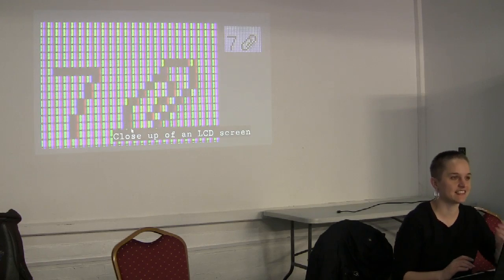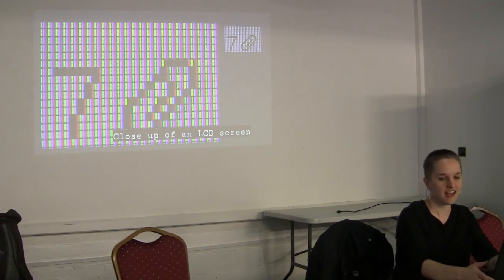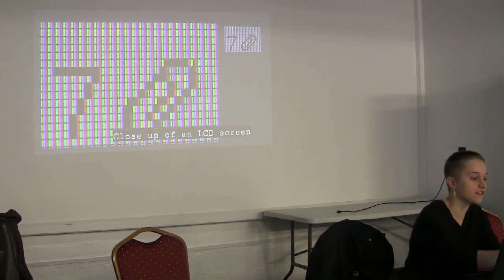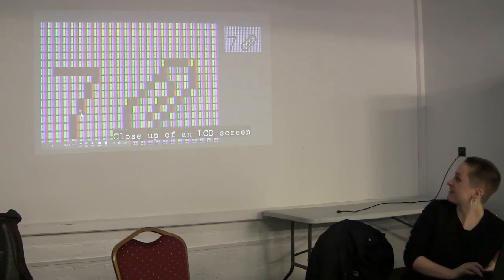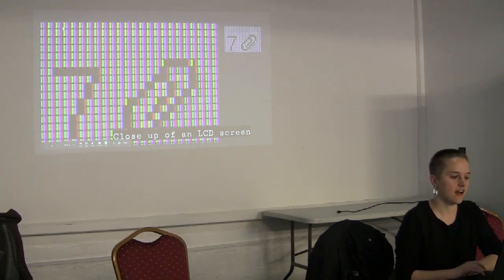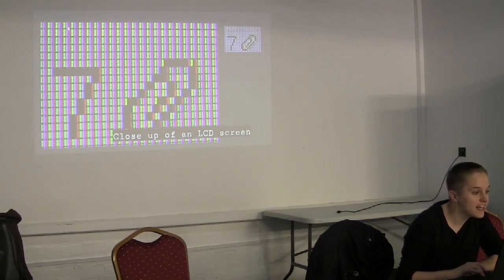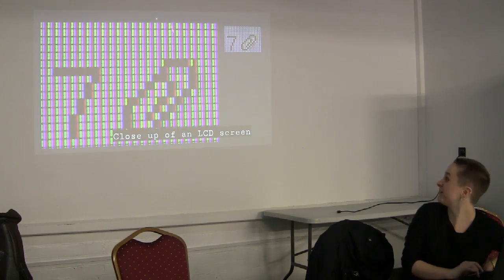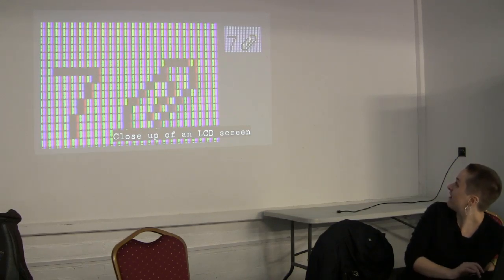of an LCD screen, which is what most computer screens are at some point. If you look really close, it's this array of blue, green, and red lights. Each combination of 3 LED lights together makes a pixel. If you zoom out, it looks white.